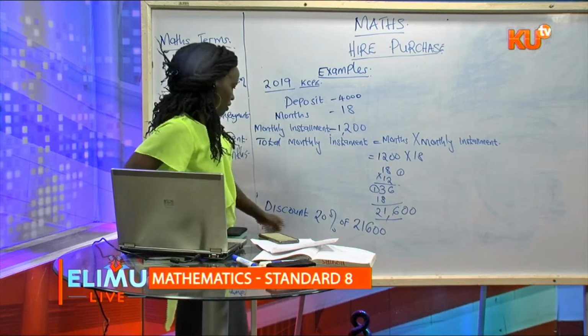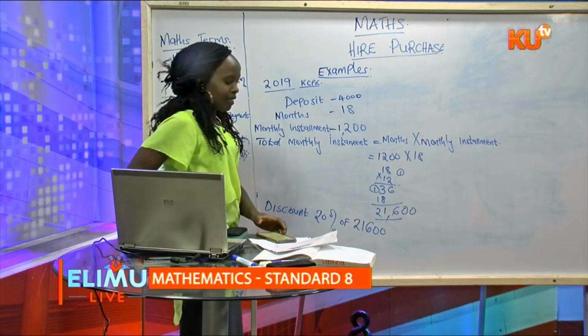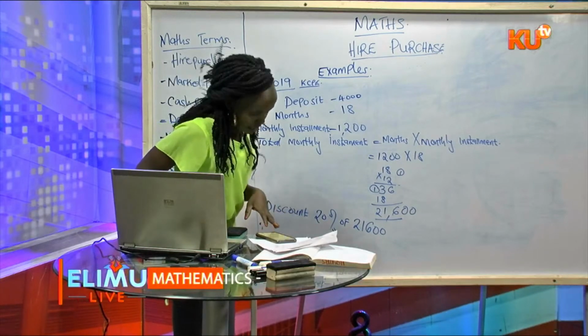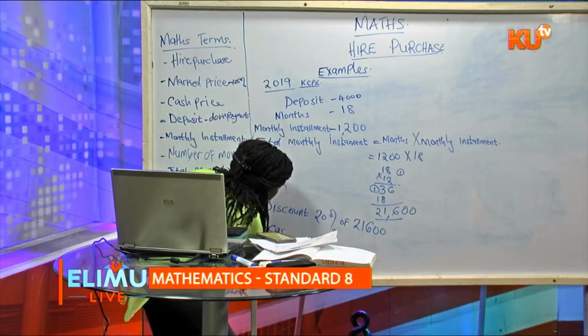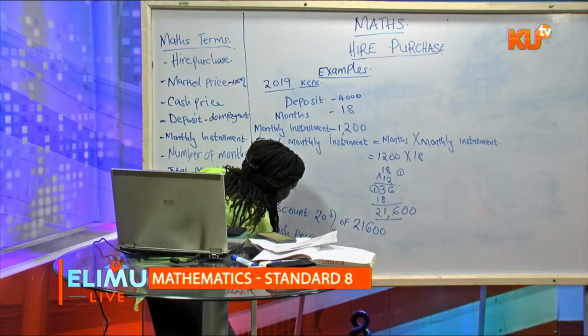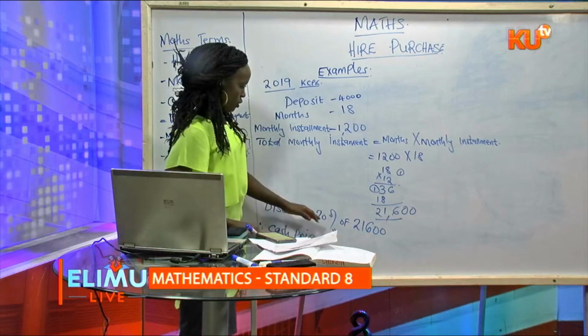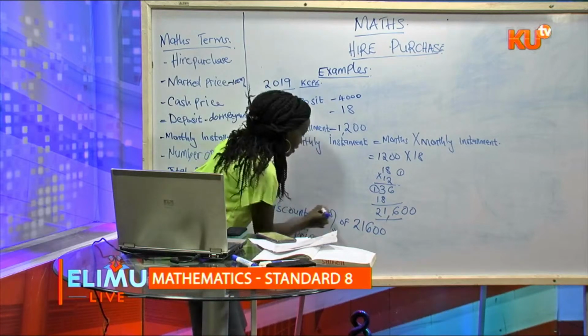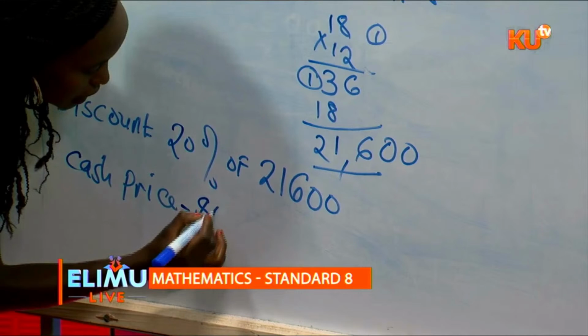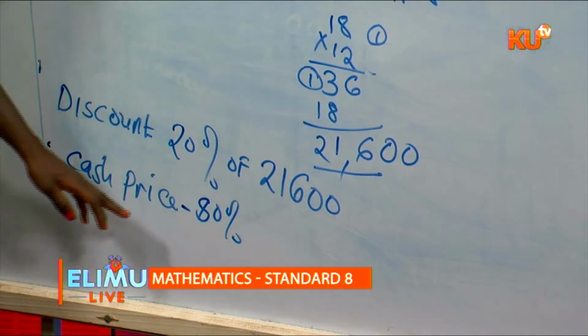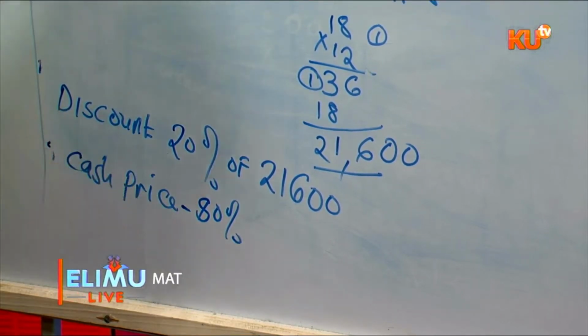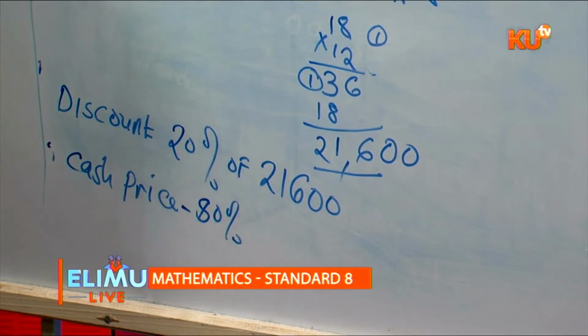If this person was given a discount of 20%, it means that the cash price was below 100, meaning it's 100 minus 20, we get 80%.